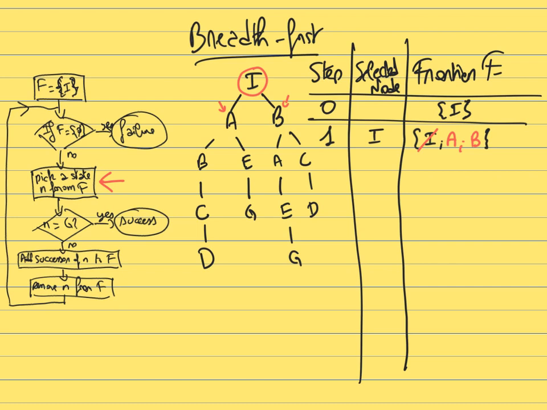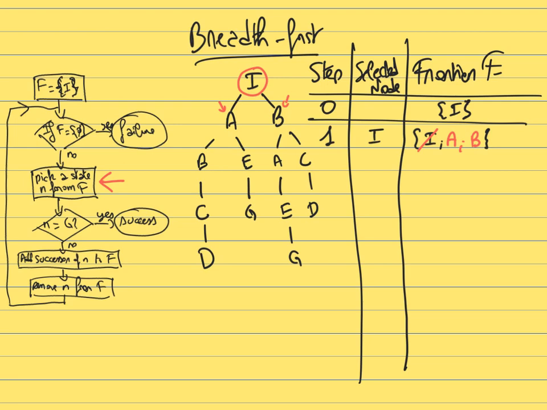Okay, so now starting from this point, you will go back here. You will check that the frontier is not empty. I have two states in the frontier, so I will pick one state. In the case of the breadth first, you will always pick the state that you added first.